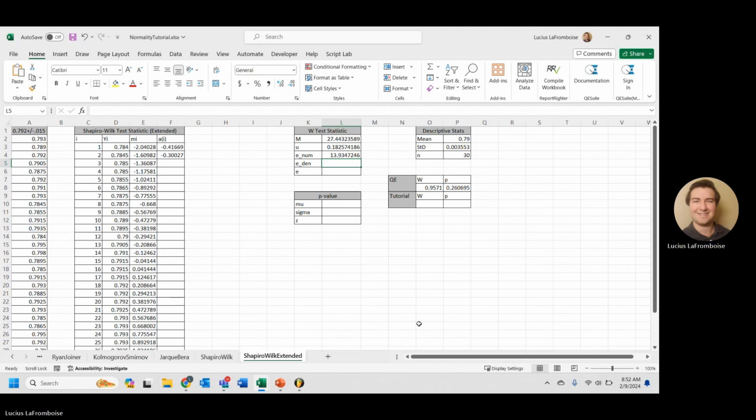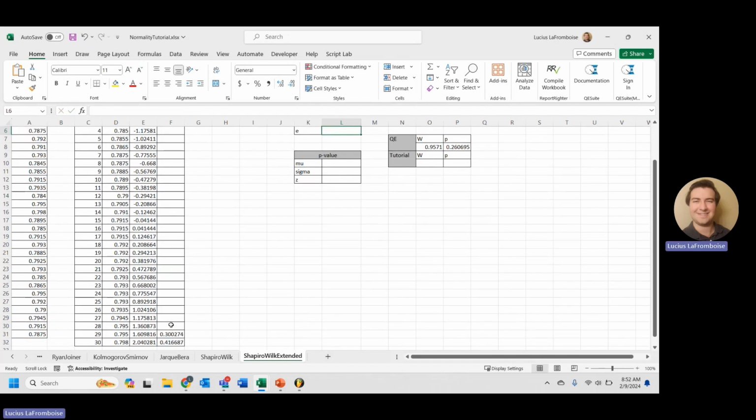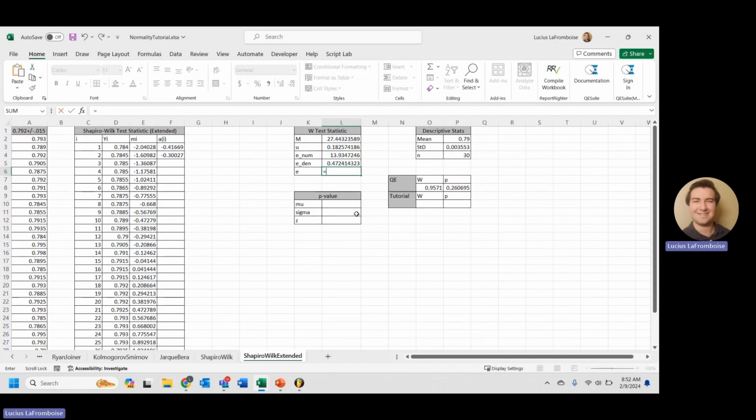Enter. And then our denominator is very similar. It's 1 minus AN minus 1 minus 2 times the power of AN squared minus 2 times the power of AN minus 1 squared. Enter. And then we just take our numerator divided by our denominator to give us epsilon.